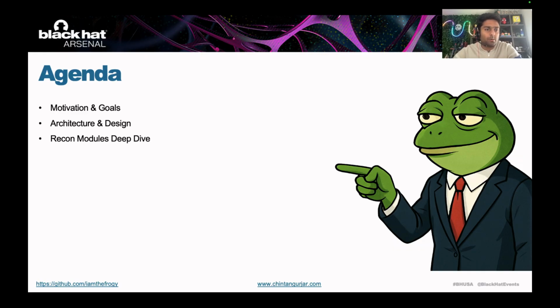So we're going to discuss a bit about the architecture and then what all Recon modules we have. I might not be able to cover every single Recon module, but it's all documented on my GitHub. But we're going to discuss the most important Recon modules that I have built, and the scoring mechanism. What is the scoring and prioritization? Because unlike other tools, this will not only give you the external attack surface list, but it will also prioritize which are the most important assets for your organization, which you need to start taking care of.